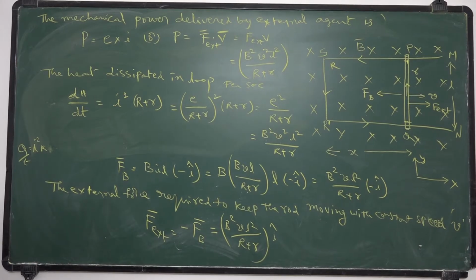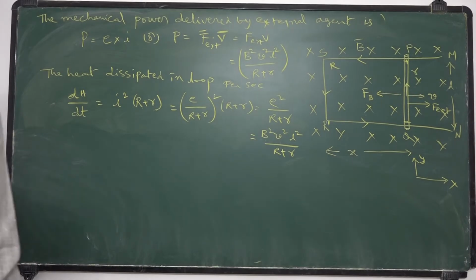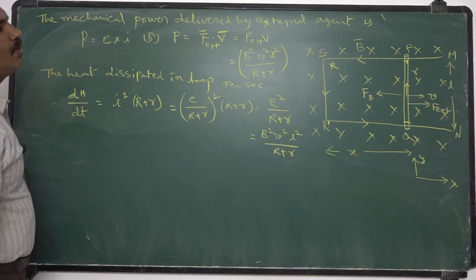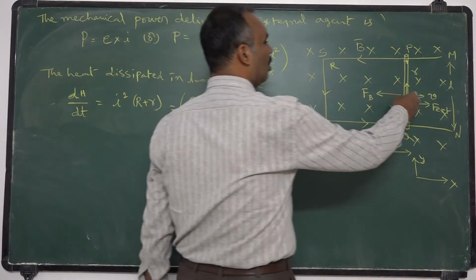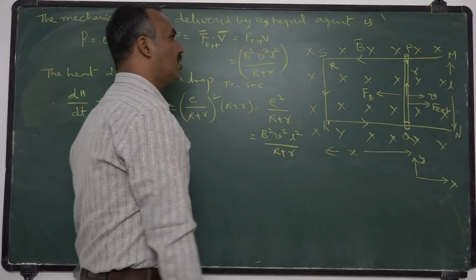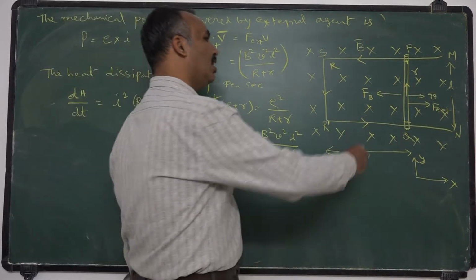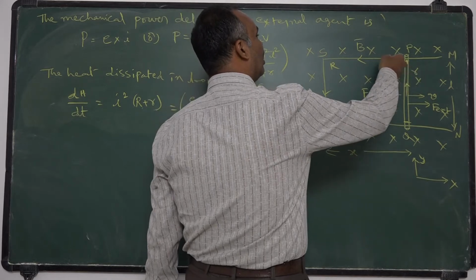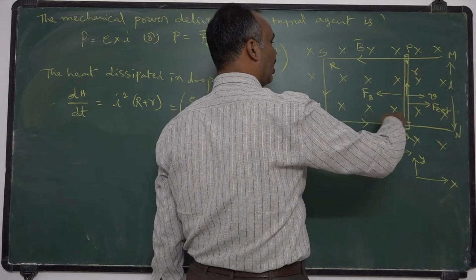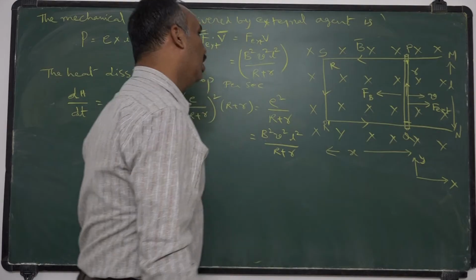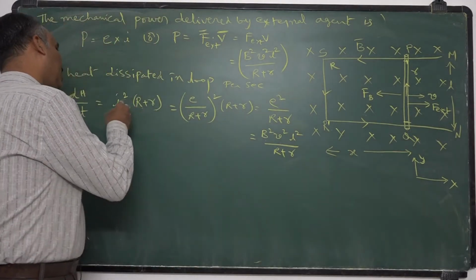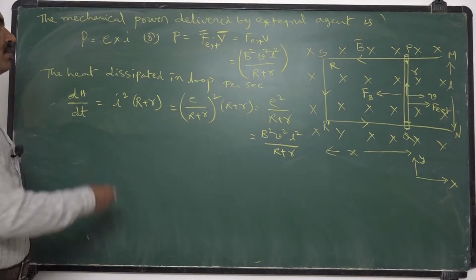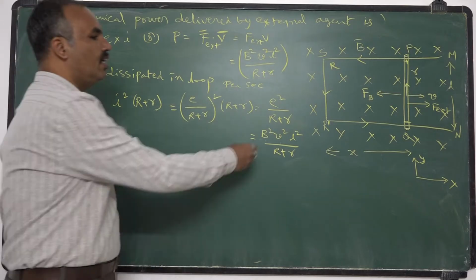The conclusion is the mechanical energy delivered by an external agent to keep the rod moving with constant velocity will be converted as electrical energy, and the electrical energy appears in the form of electric current passing through the loop. This in turn generates heat, and the heat is dissipated per unit time at the same rate.